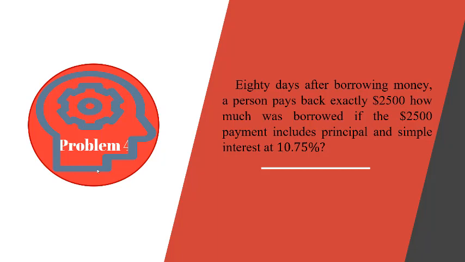B plus I. That means S equal $2,500, and we need to calculate B and I by using T equal 80 days and interest rate R equal to 10.75%.